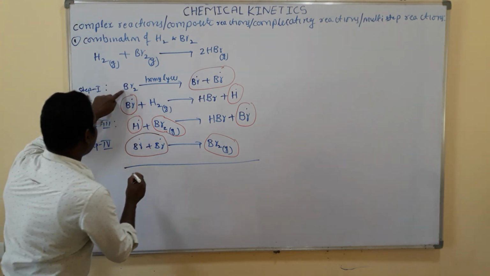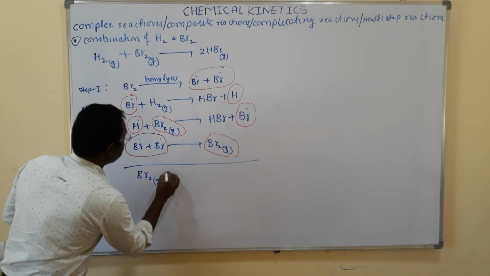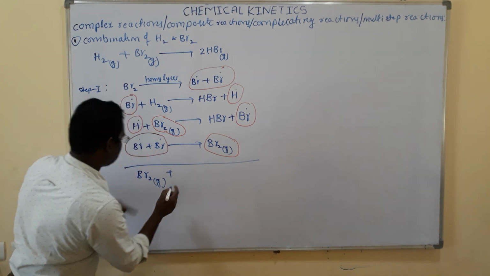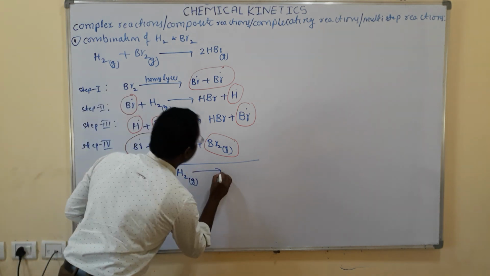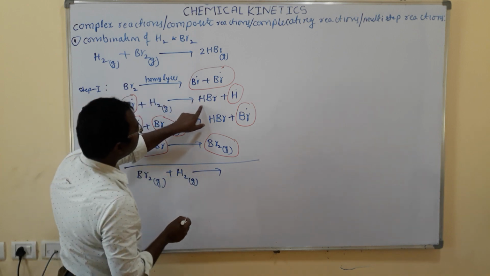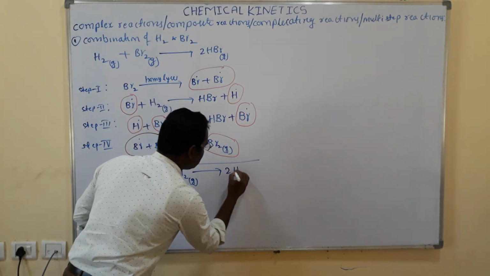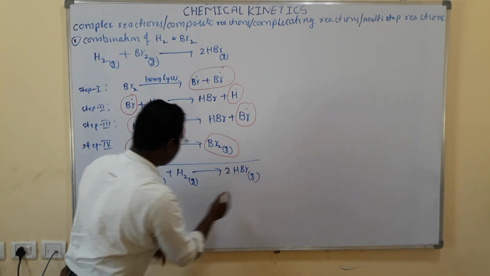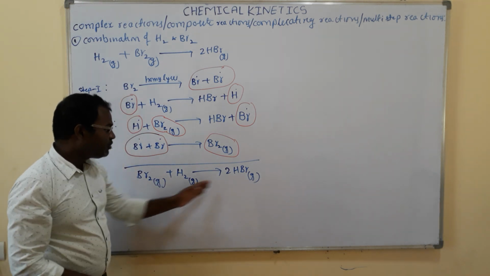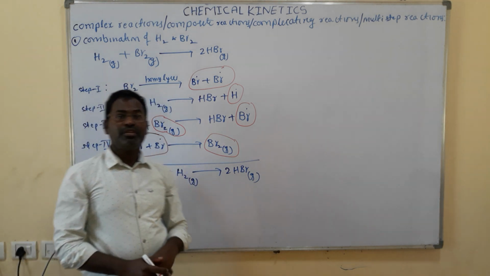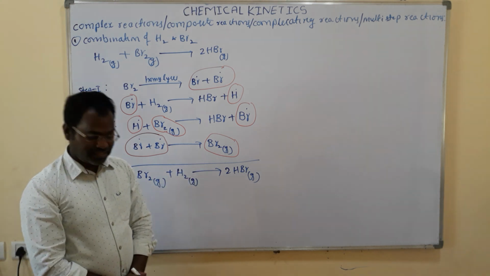What remains is Br2 gas plus H2 gas giving one HBr and another HBr, so we have 2 moles of HBr. This is the overall reaction. In order to get 2 moles of hydrogen bromide, we have several elementary steps. That's why this reaction is a complex reaction.